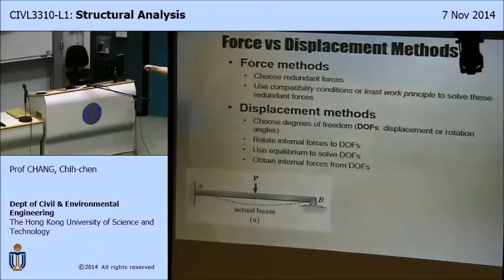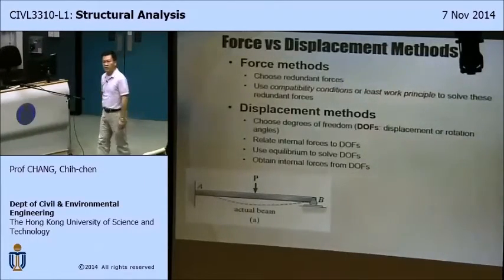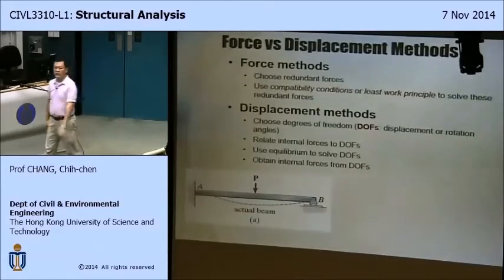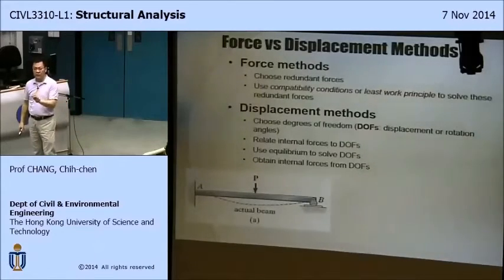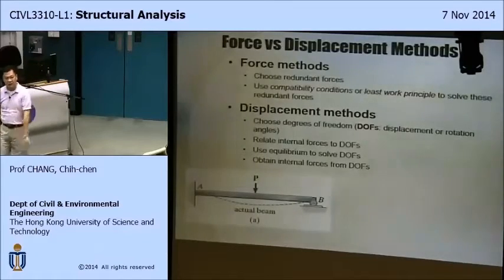Now, on the other hand, the other category of methods is called displacement methods, which use the displacement as your so-called degrees of freedom. Previously, we used force, which is called redundancy or degrees of indeterminacy.